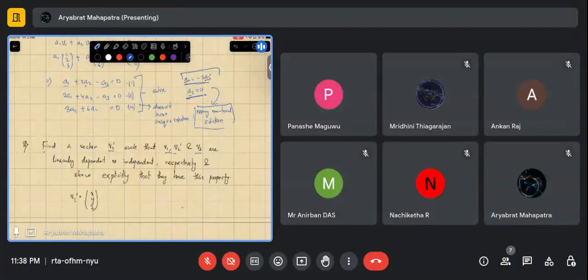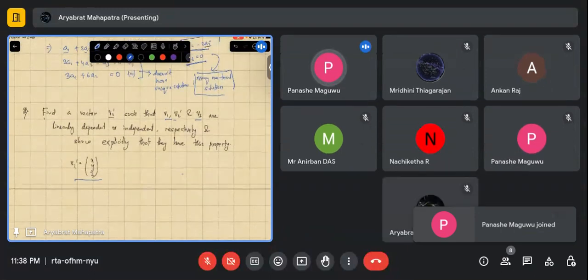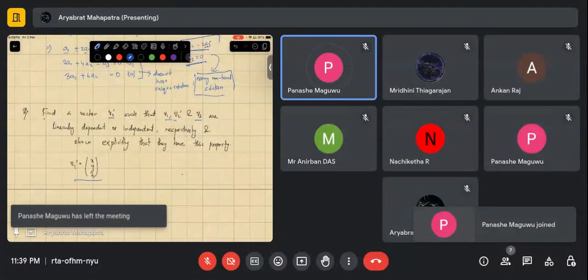We take some arbitrary vector xyz as this v2 prime, and now we want to see whether v2 prime follows this linear independence or not. That was what I was asking you people last time around.